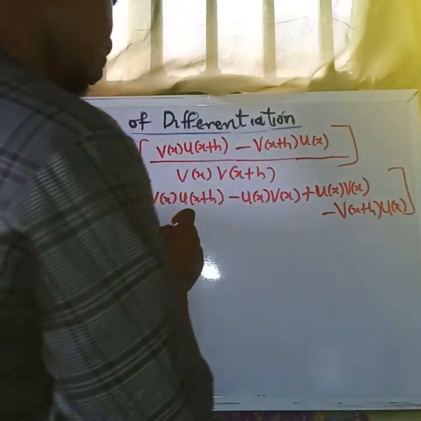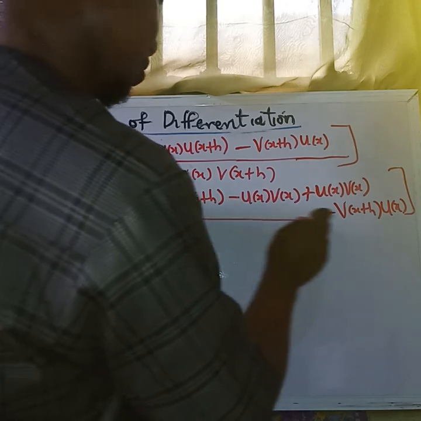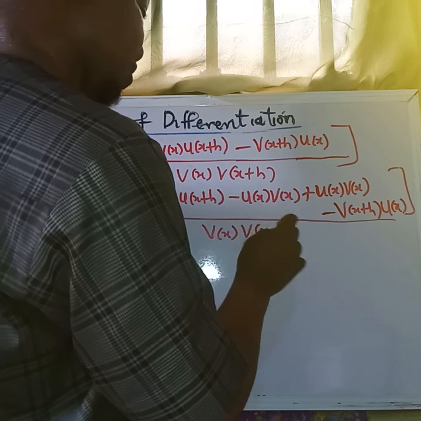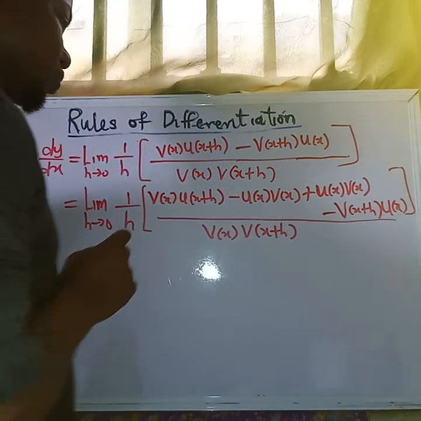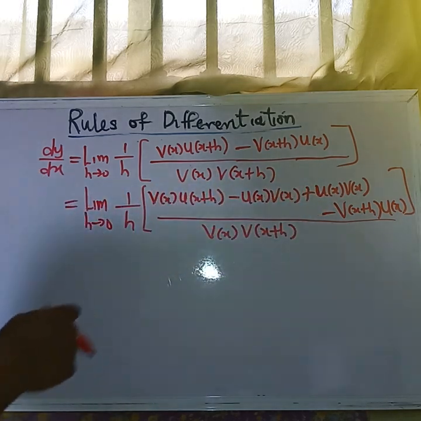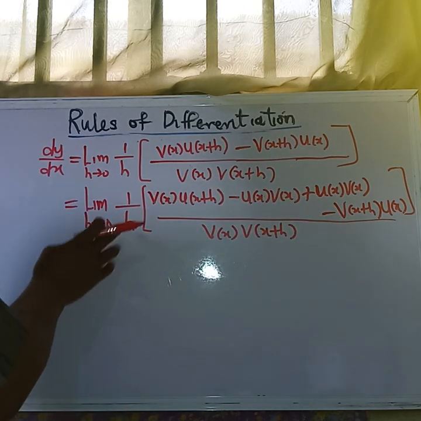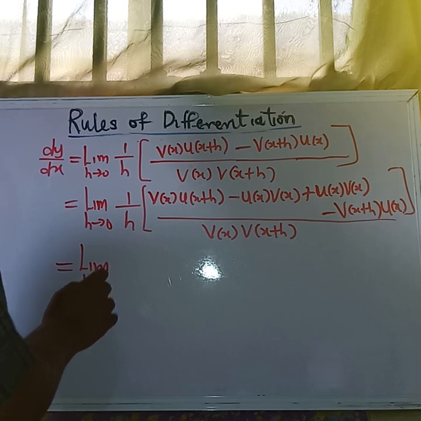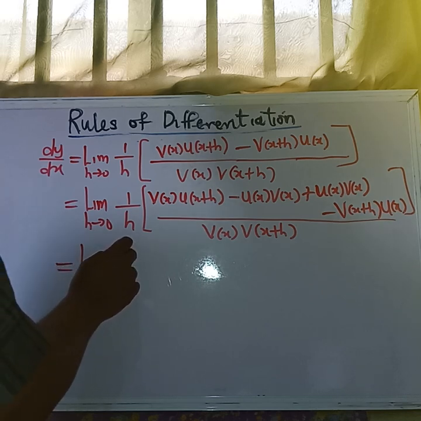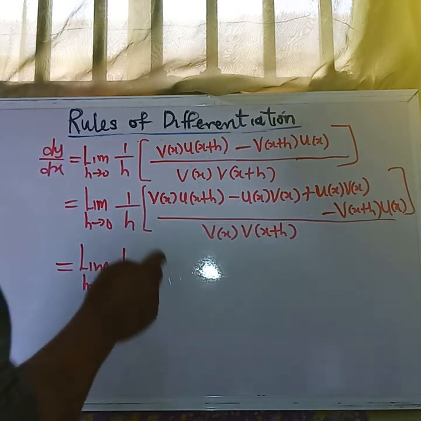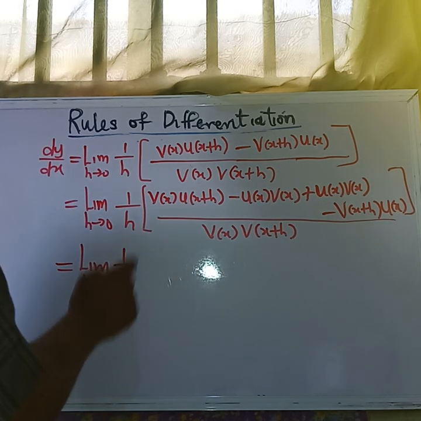So everything over v of x plus h. From here we can now group this term into two, while we take this one over h in, and when we do that, this becomes the limit. Let us first of all group this numerator before we take this one over h in.